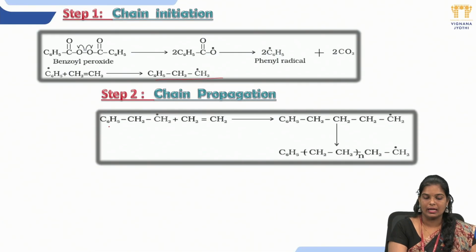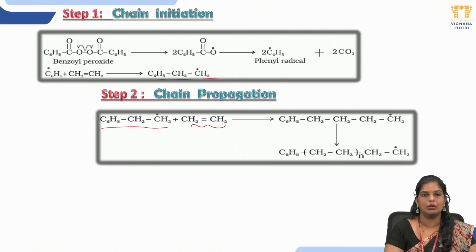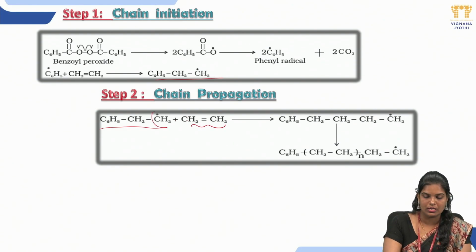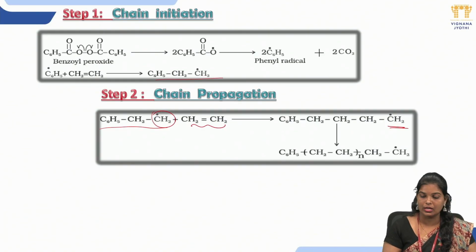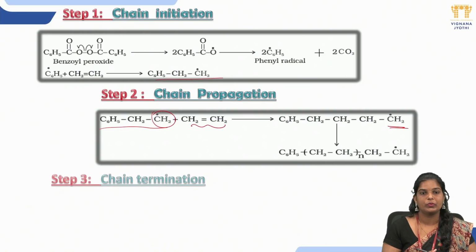You can see that the initiator molecule is again attacking a double bond of a monomer. So this CH2 is added, and the initiator goes to the end, as you can see in the reaction. Like this, the reaction continues and propagates.